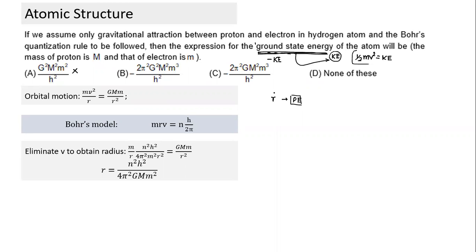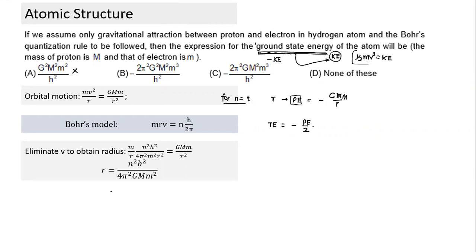If I calculate the radius of orbital motion in the ground state, corresponding to n is equal to 1, what will the potential energy be? This is the potential energy. So if I calculate R also, I can obtain potential energy. And what will the total energy be equal to?